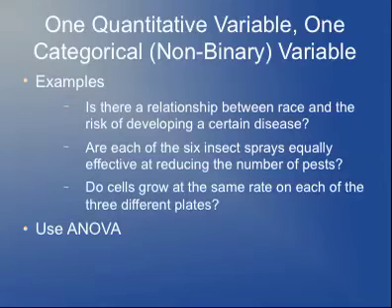Or say you have cells on 3 different plates with 3 different treatments, you want to test the null hypothesis that they grow at the same rate on all 3 different plates. In that case, you would use analysis of variance, usually abbreviated as ANOVA.